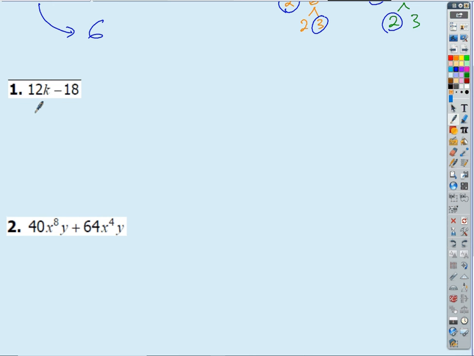Don't the k's just cancel? But what about 18 divided by k? There's nothing to cancel, right? So I can't include a variable in my greatest common factor this time. The greatest common factor for this one is just 6, right? I couldn't get a variable to come out of that.